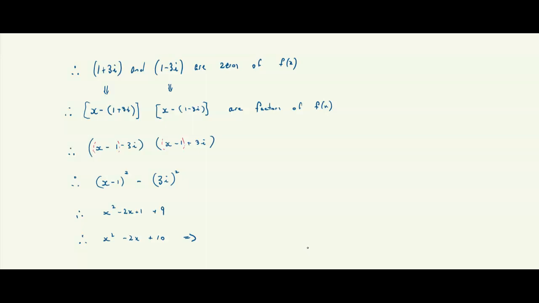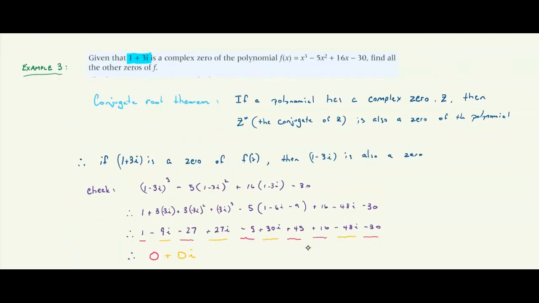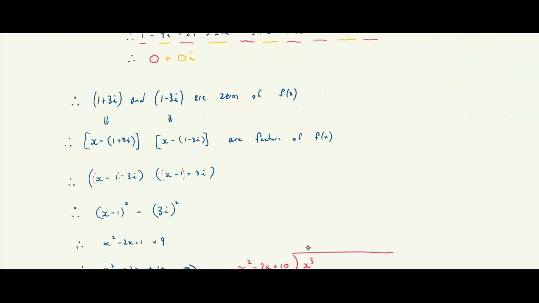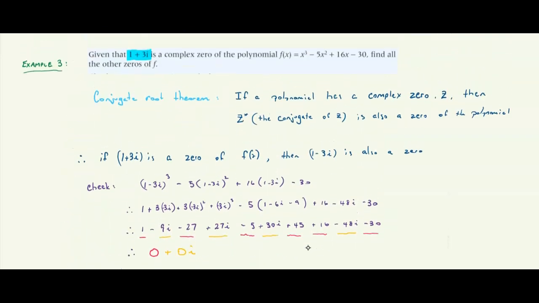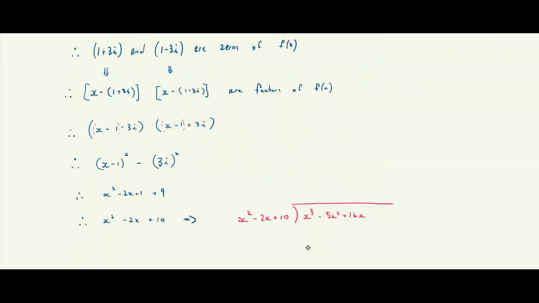I'll just change my color of pen. So I'm going to go x squared minus 2x plus 10, and I'm going to divide that into my cubic, x cubed minus 5x squared plus 16x, and I don't want to get a sign wrong, that's why I keep going back up, minus 30.